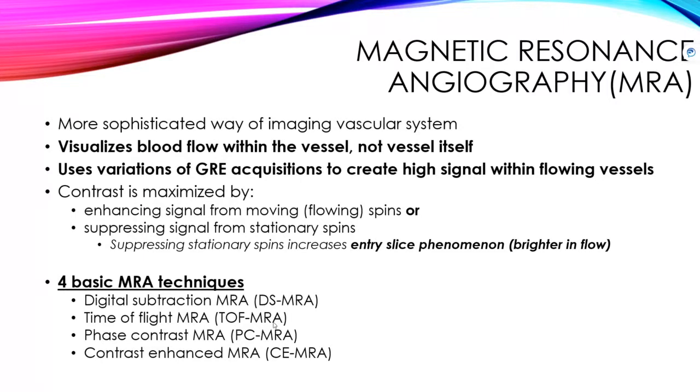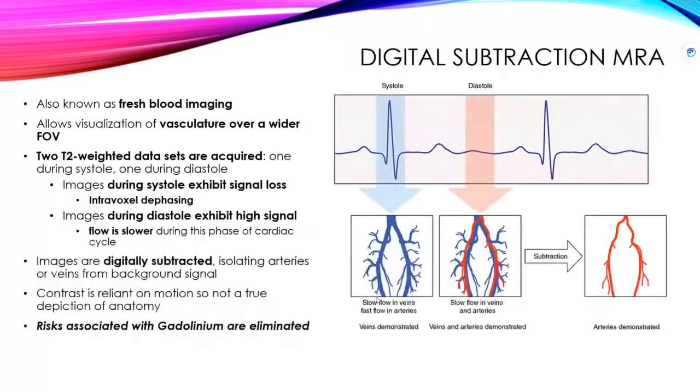Because what you're doing is you're creating contrast from the anatomy and physiology of the patient. You're using those flow phenomena to create contrast that isn't visible with other techniques. These are the MRA techniques that we use to create our bright blood imaging.